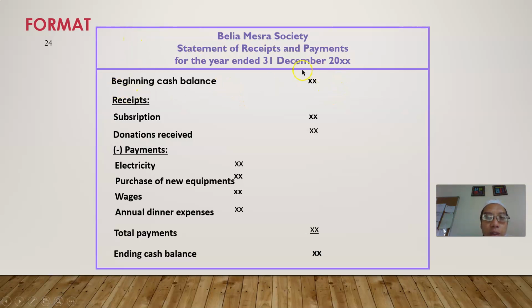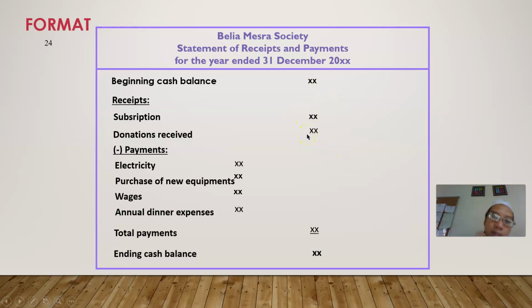So you have a beginning cash balance, and then you add all of the receipts, for example subscription as well as donation received, but all of these are cash amounts received in the current year. So this is like cash basis accounting.